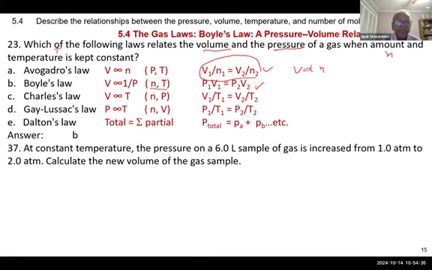At constant temperature, the pressure of a 6.0 liter volume gas sample is increased from this pressure, P1, to this pressure, that's P2.